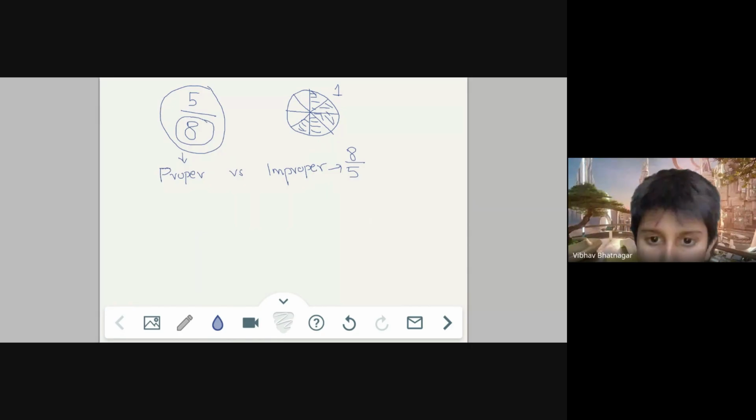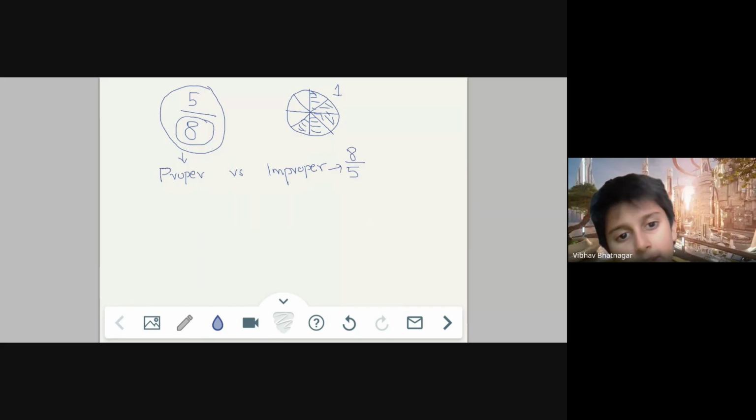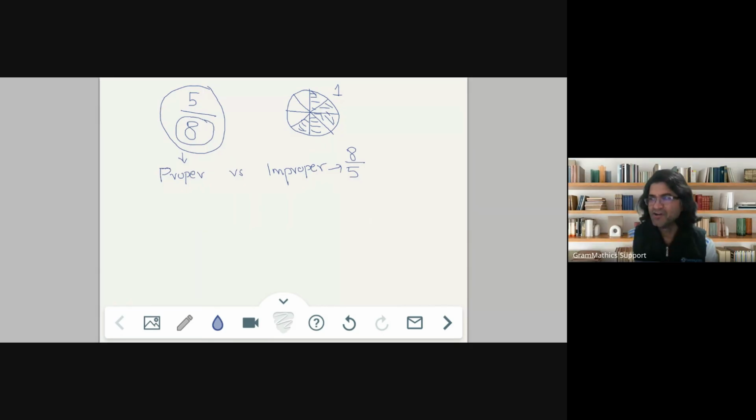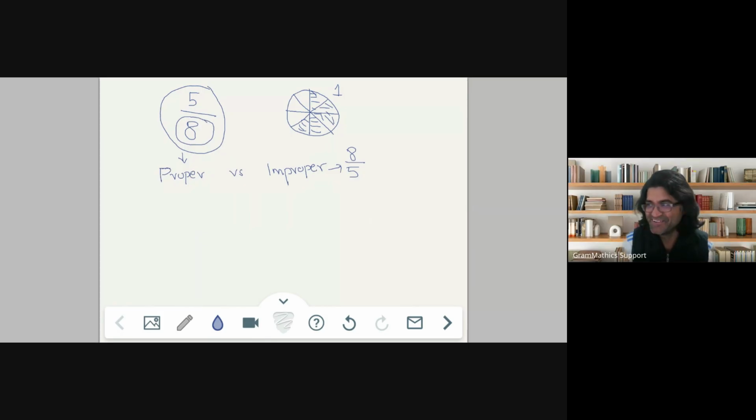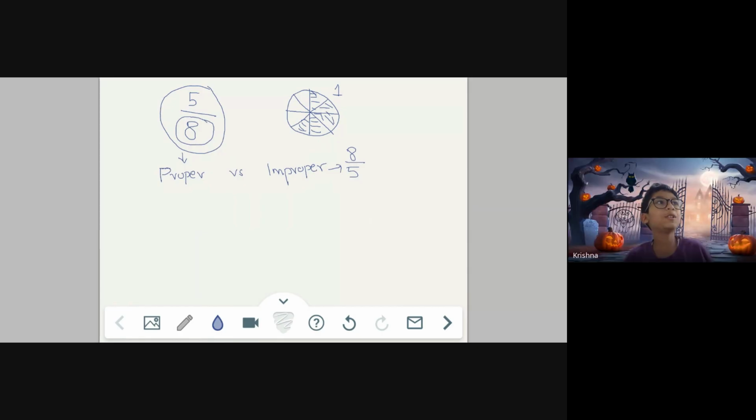I was going to say that the improper fraction is top heavy, unlike other fractions. Okay, Krishna, you want to say again? Yeah, please. You divide 5 divided by 8, it will still give a small number.